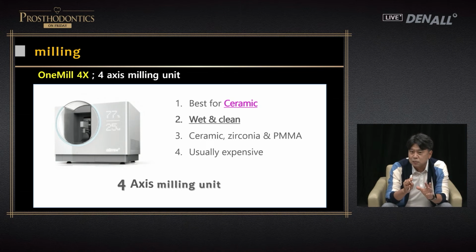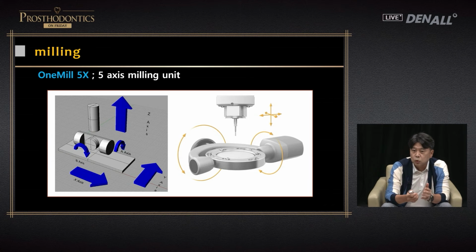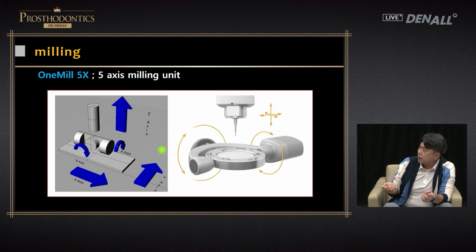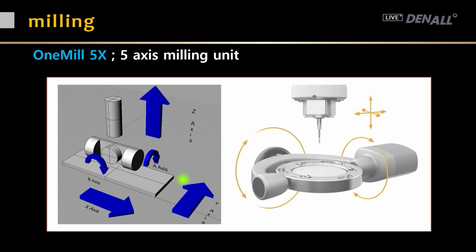The 4-axis milling unit has more required components, so it is more expensive than the 5-axis milling unit. 5-axis milling unit: XYZ, 3 axes, 3 dimensions, and we have 2 more, the B axis, turning clockwise and counterclockwise, and the A axis, turning back and forth. So 5 axes: X, Y, Z, and A and B.